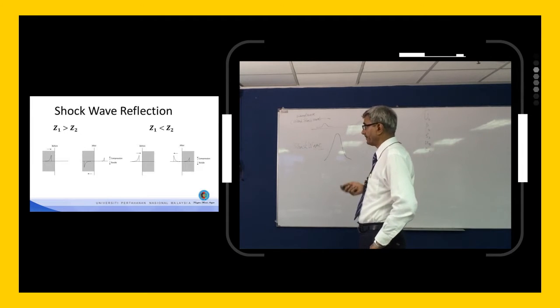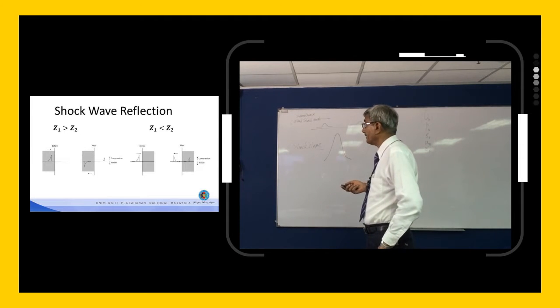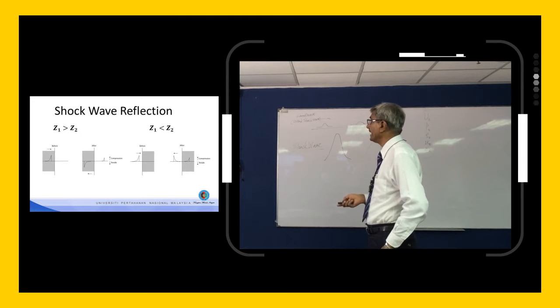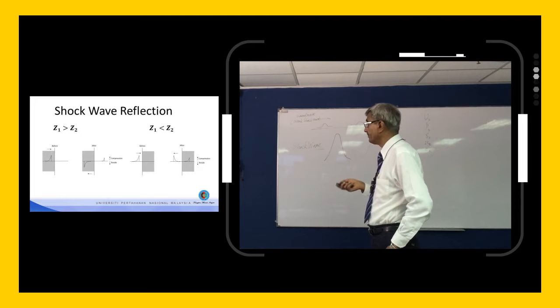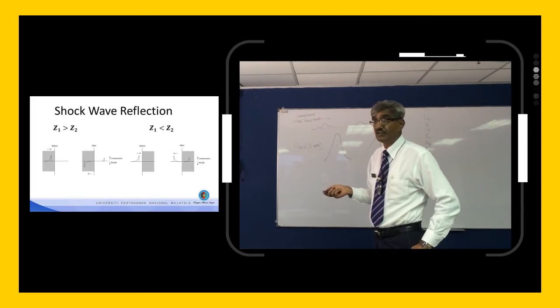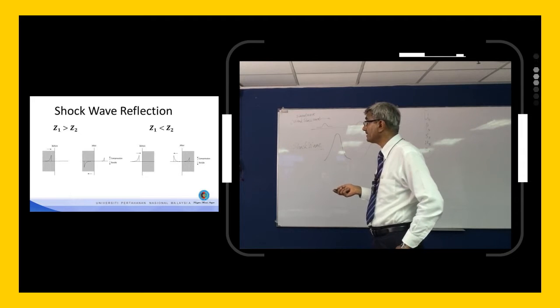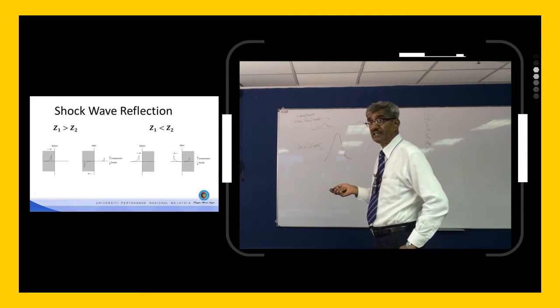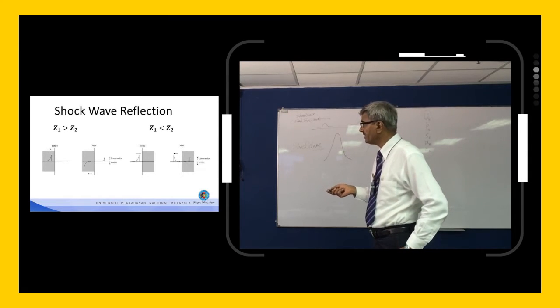So now about this reflection, we have already defined back in here some important parameter called acoustic impedance. Now this impedance is the product of density and velocity. Velocity of sound times density.